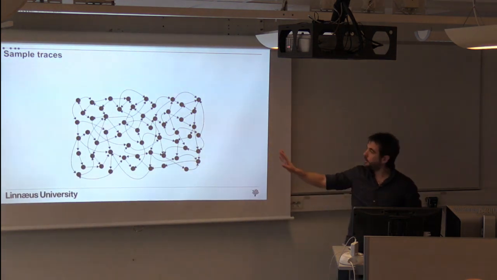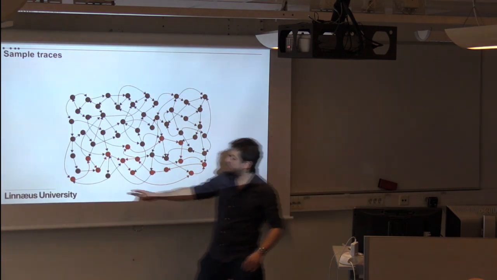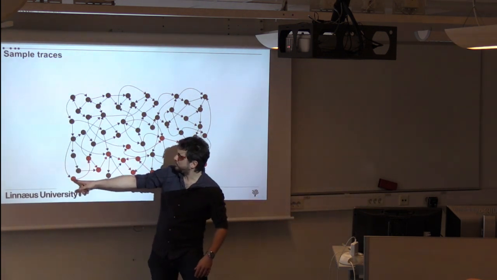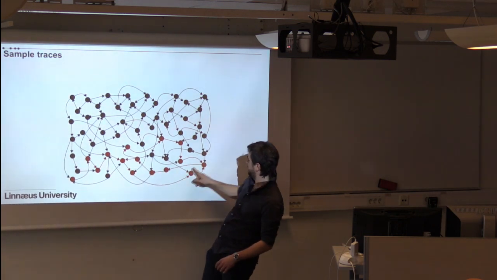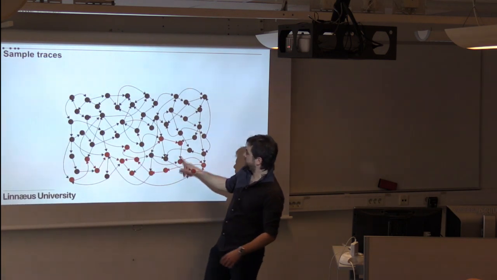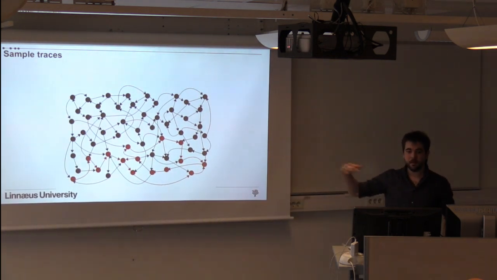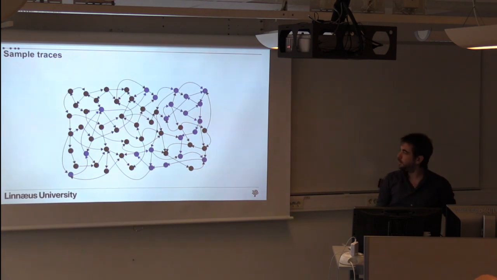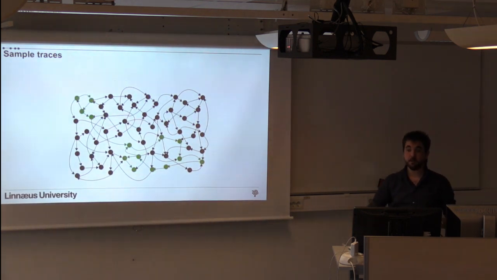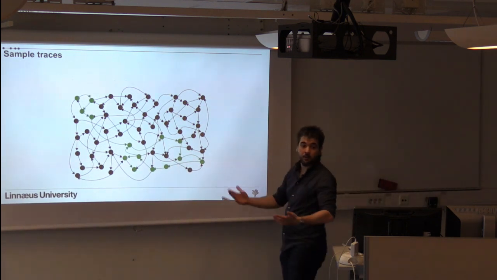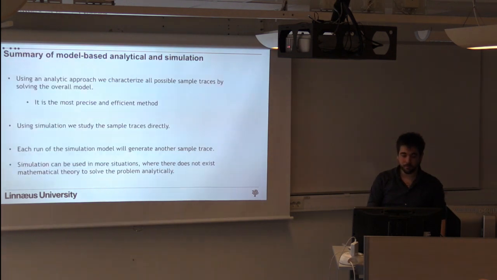We create a model that represents the states. We execute, and a trace says that the system can pass from this state here, here, here, and it did like this, and then like this. We have one trace of how the system evolves. We execute again, and we have another trace. We execute again, we have another trace. We execute many times, and we can see what the average behavior is and get some performance metrics.